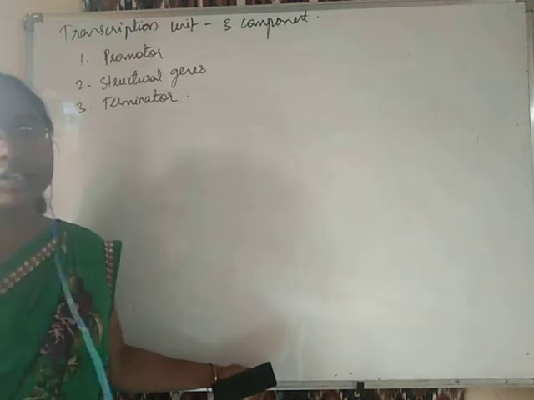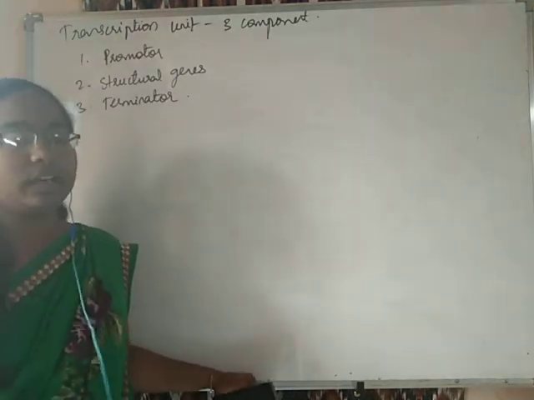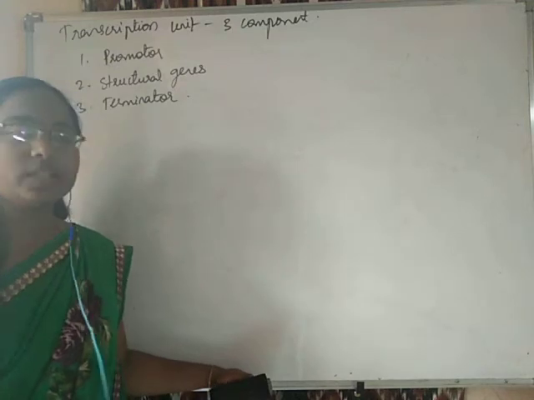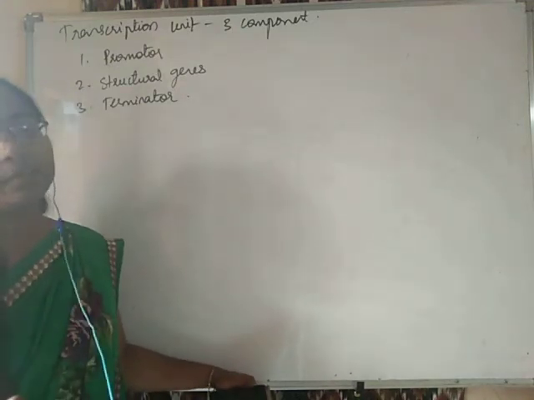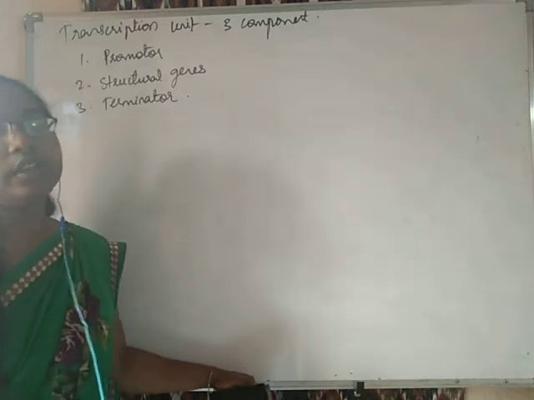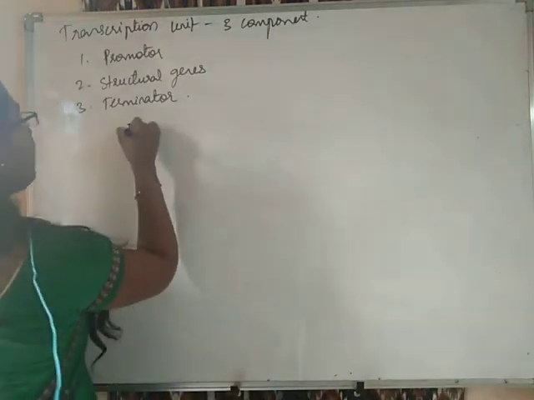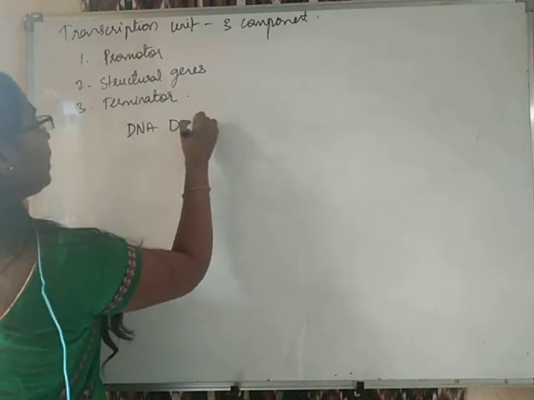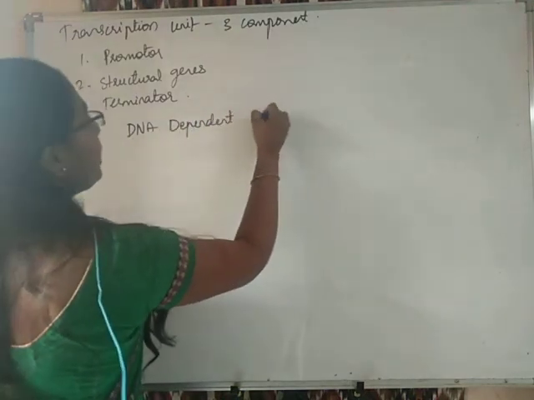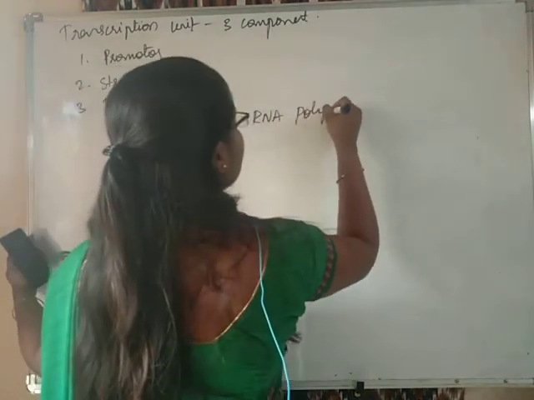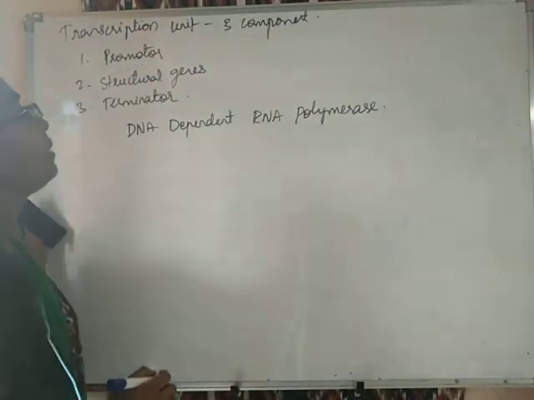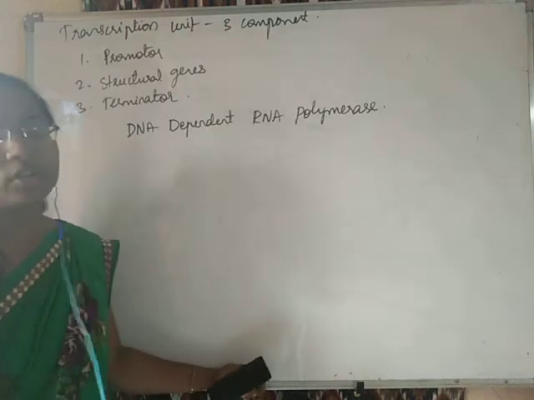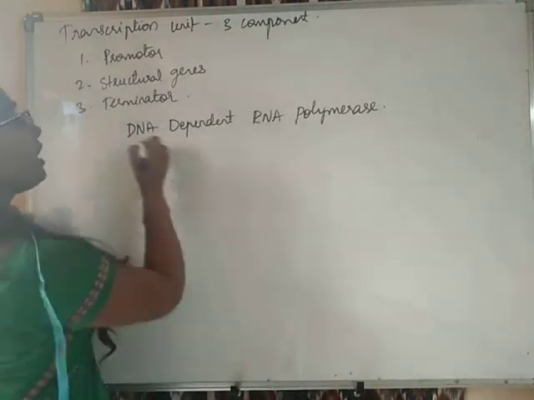So, a part of the DNA which is consisting of these 3 together in the series will be undergoing transcription. The main enzyme, the main catalyst involved in transcription is DNA dependent RNA polymerase.